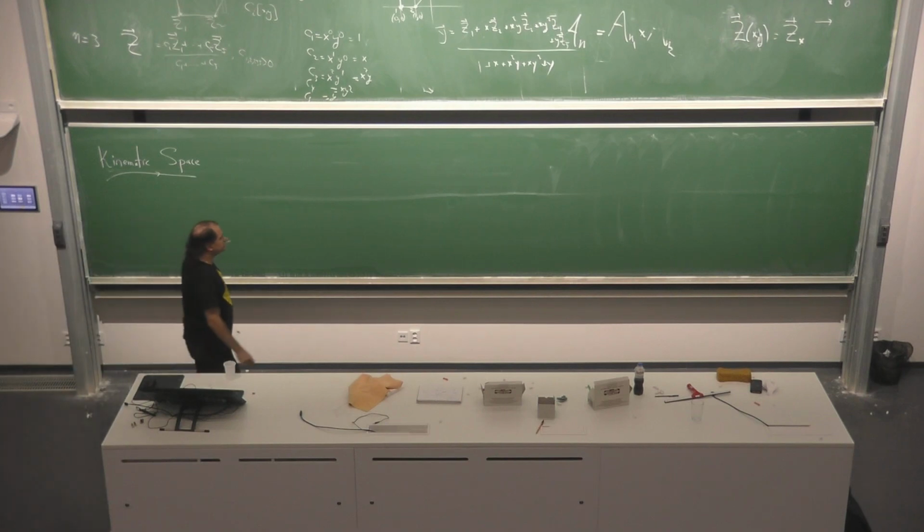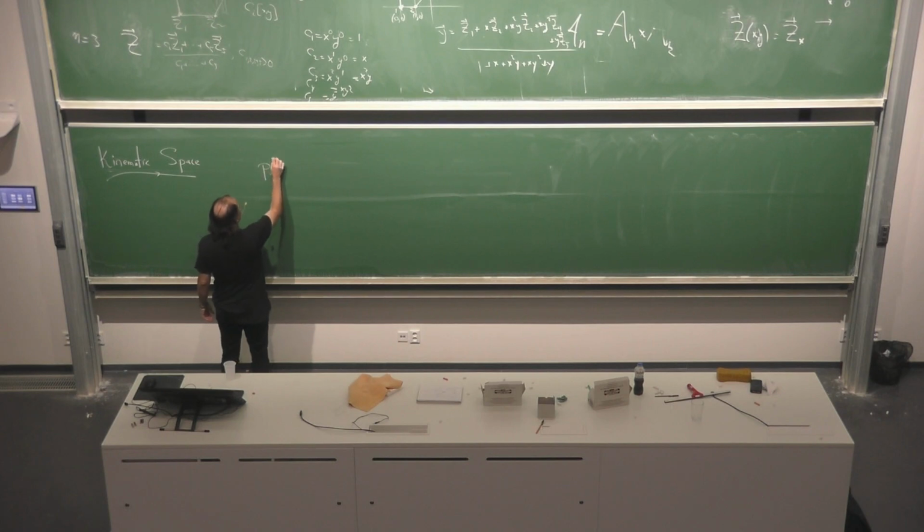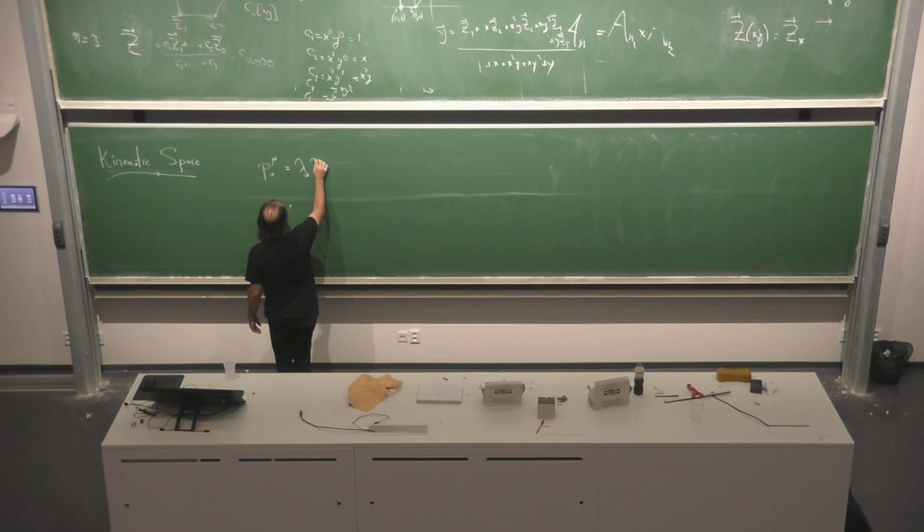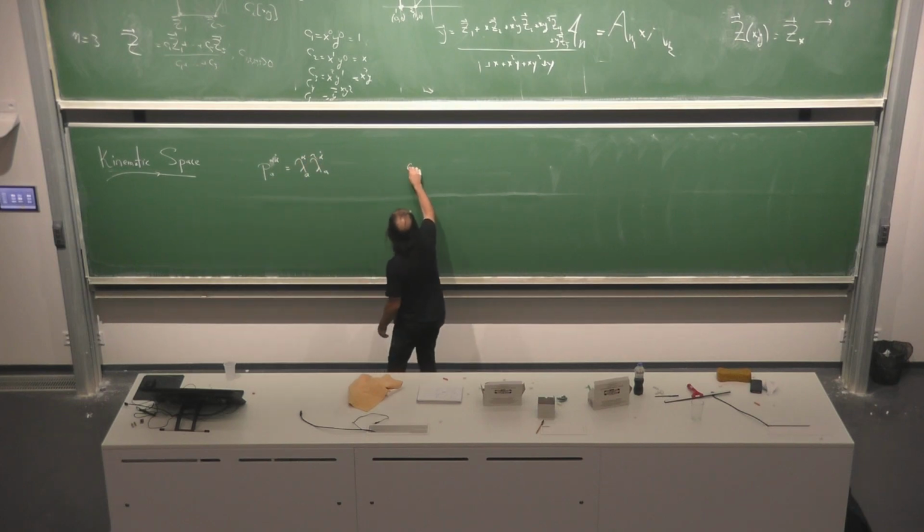And now, most naively, the kinematic space is I have the momenta that are lambda, lambda tildes. So A runs from 1 to n.